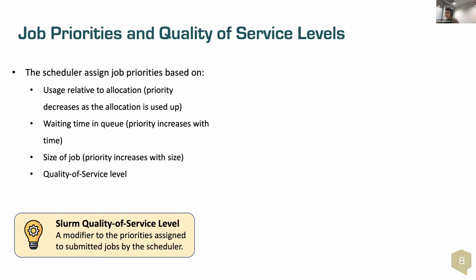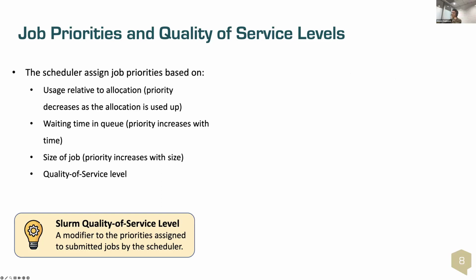Okay, so the scheduler assigns different priorities to the jobs. It is relative to allocation. Allocation is the amount of resources that were granted to the project. As the project consumes its allocation, the scheduler gives it less priority.